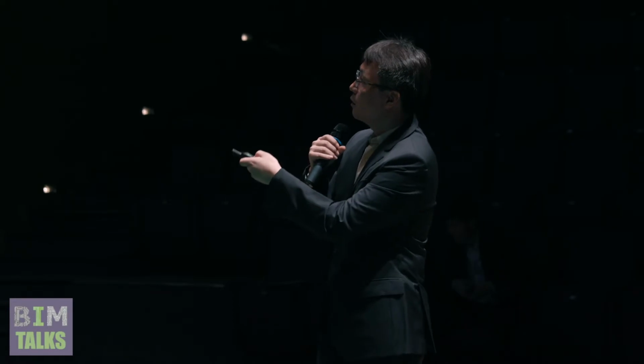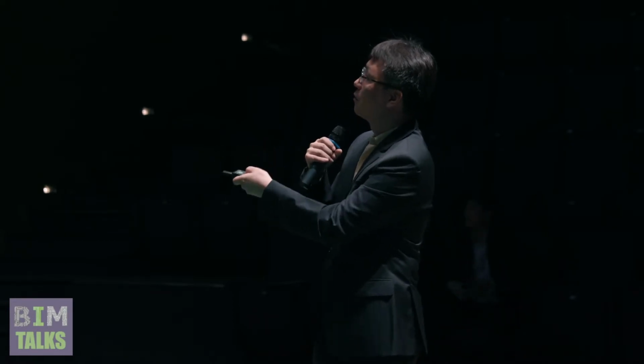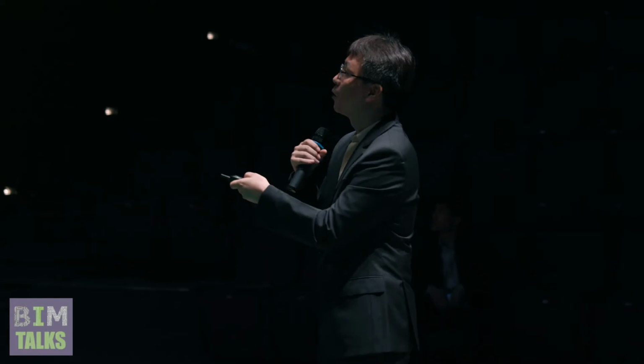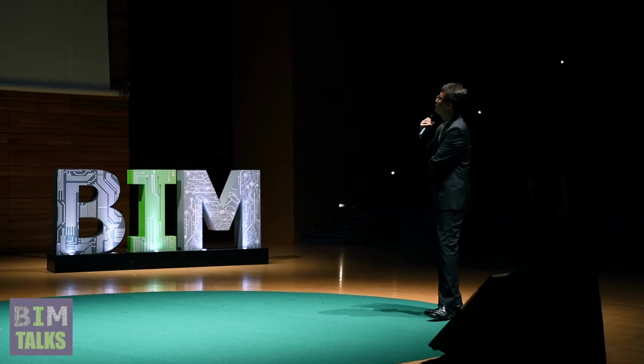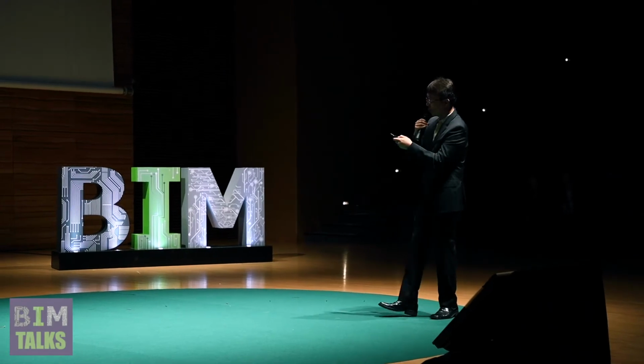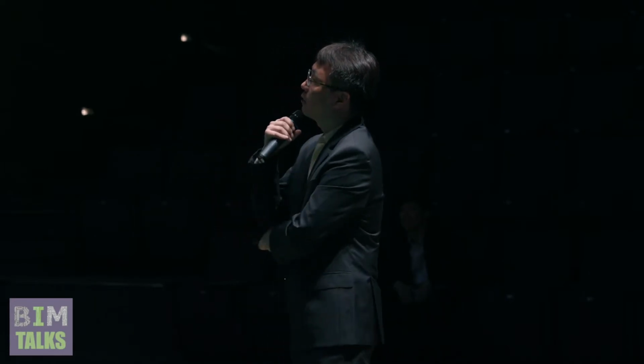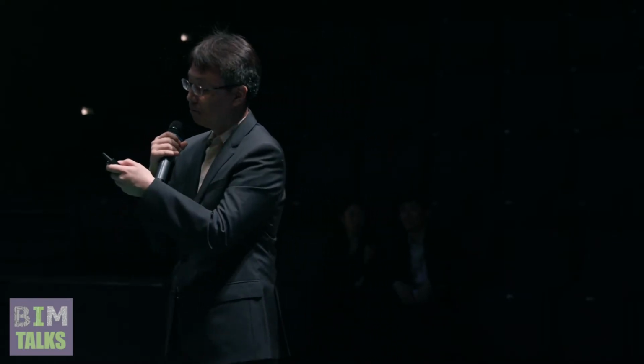So as you can see here, for these particular images, we have a column, object 1, and we have a beam. In this one, there is a door, and in this one, there is a window and walls. As you can see, training was a tedious process, but the recognition result is quite fast. Almost real-time recognition.